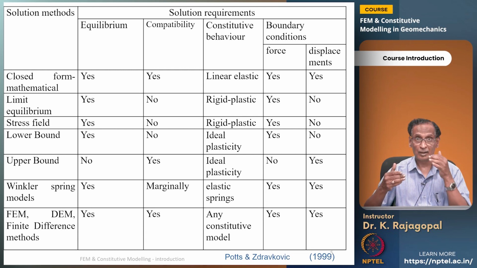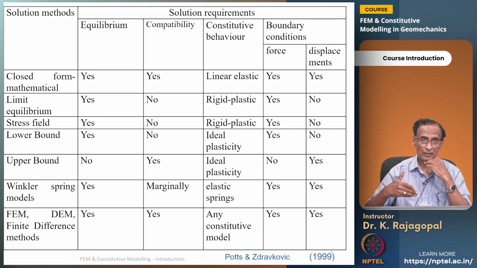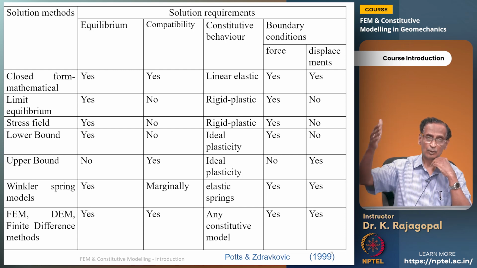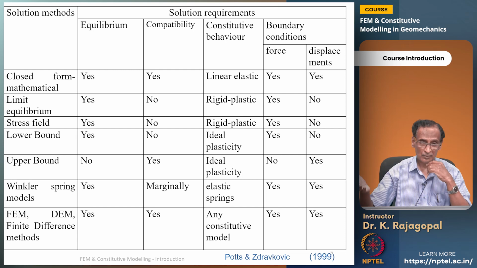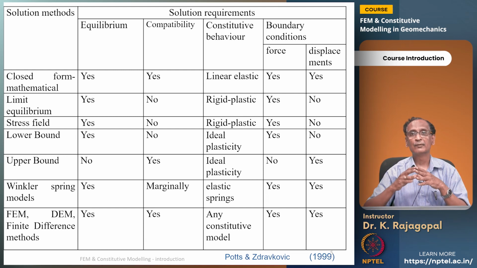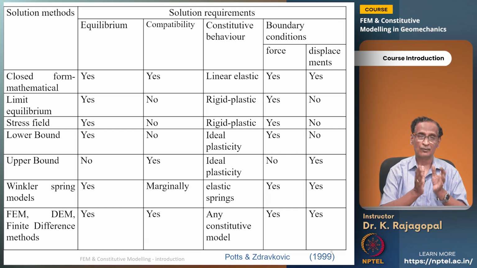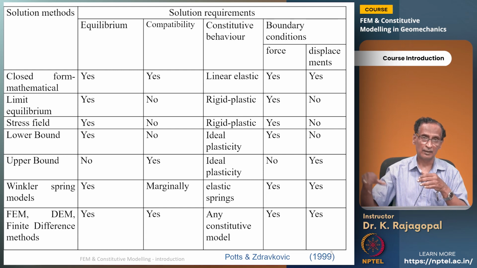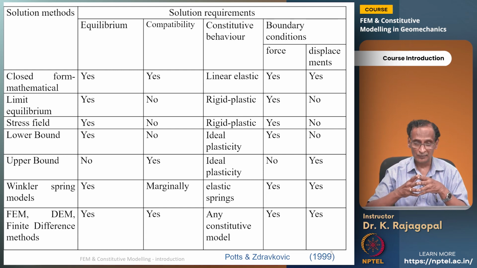The constitutive model for soil typically will have one modulus for loading, and for unloading we may have some other modulus, and then for reloading we may have some other modulus. Or if you apply static loading, we will have one modulus, or if you apply cyclic loading, you may have some other type of loading.